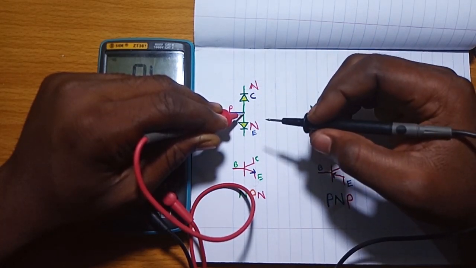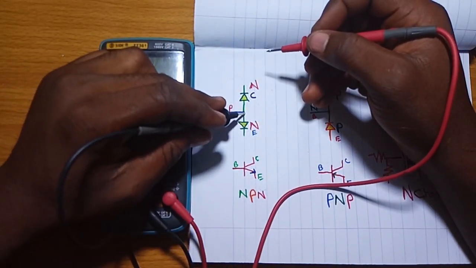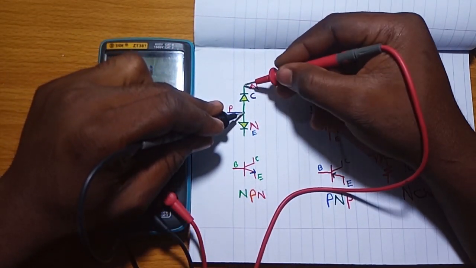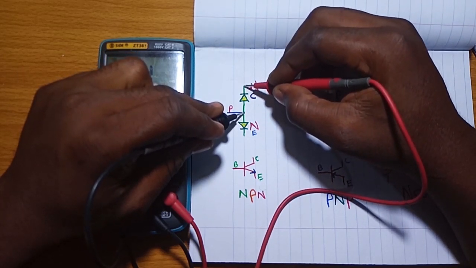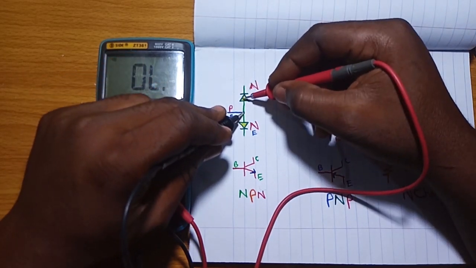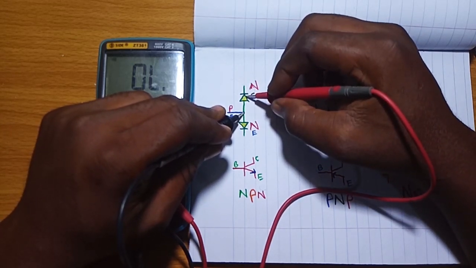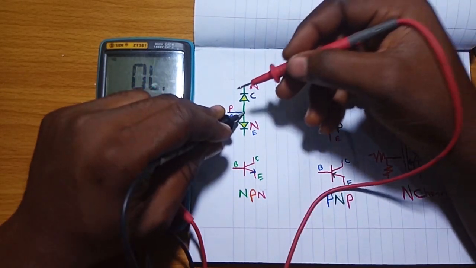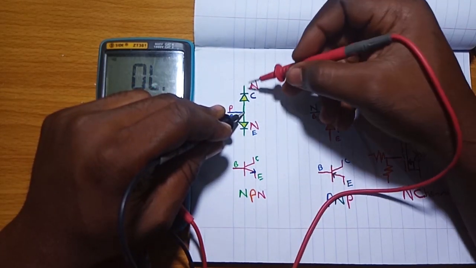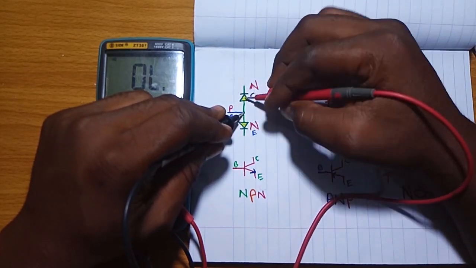If we turn this around and put this black here and this red here, you will see that we will have a reverse bias, because we just changed the polarity of the current, so it will put this diode in a reverse bias condition.